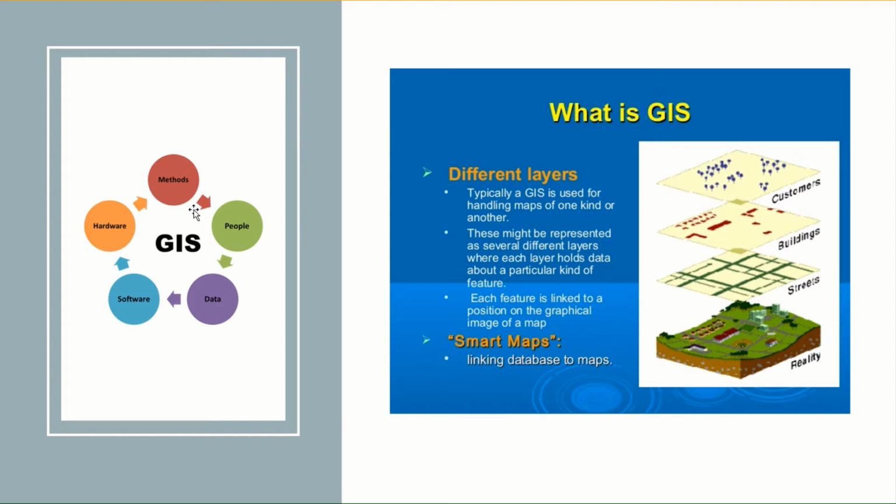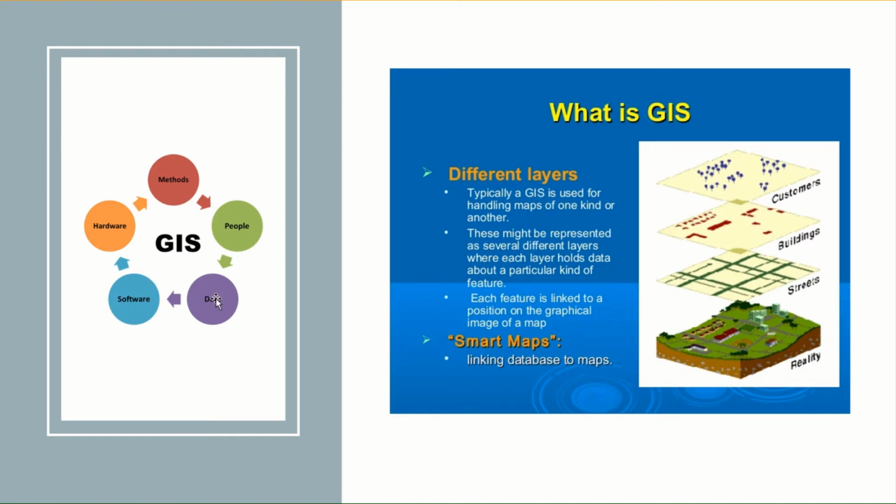If you have a laptop, your laptop is a good example of GIS. It has hardware, software, data, and methods to process the information and data, and it needs input by people or an operator. Then it will give you the result.